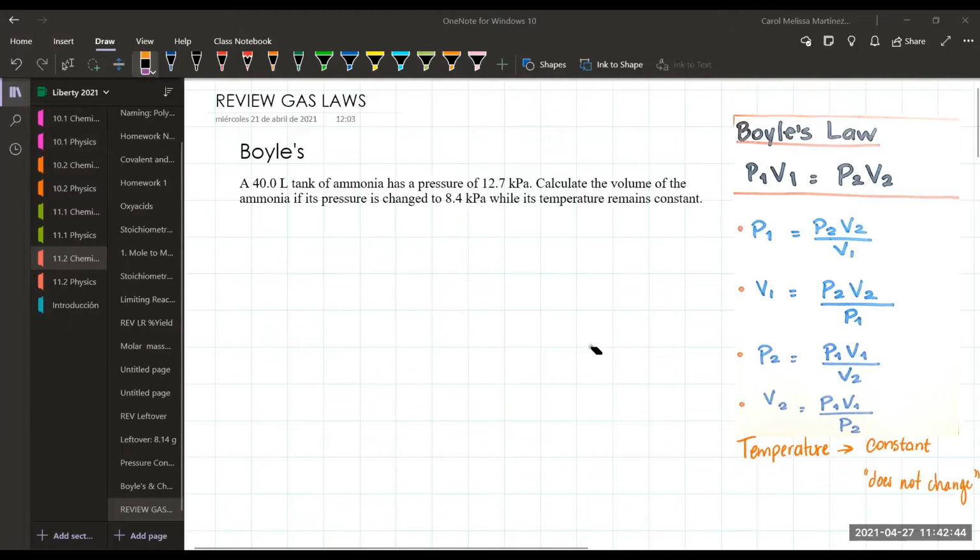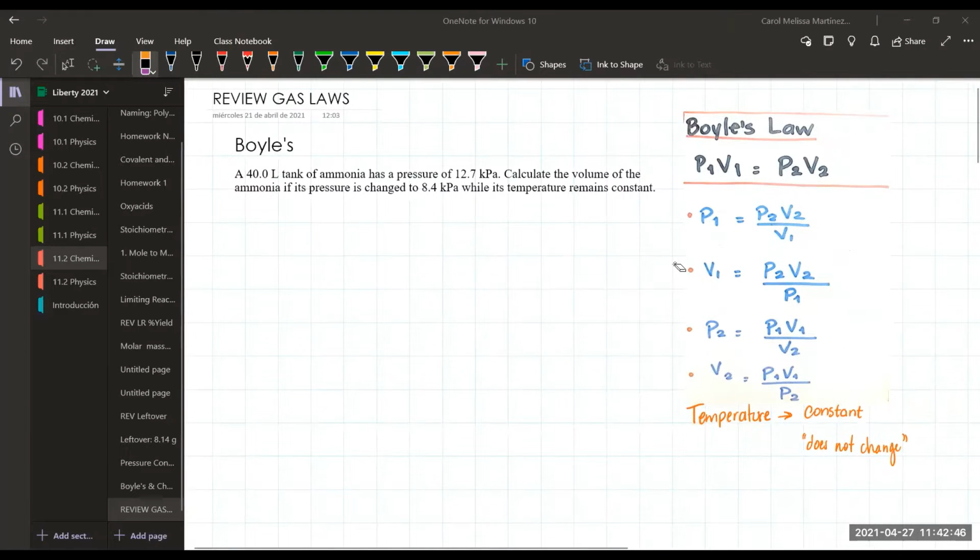I was saying that for Boyle's law, the condition to know if we need to apply one equation or another is that the temperature is constant, which means that it remains unchanged. The temperature does not change.